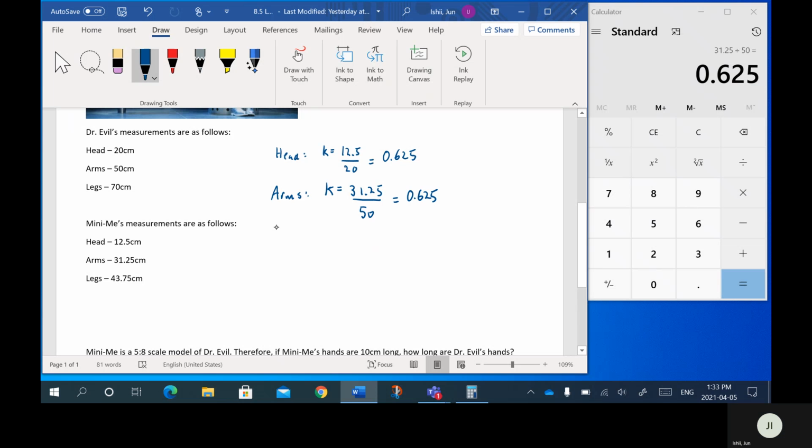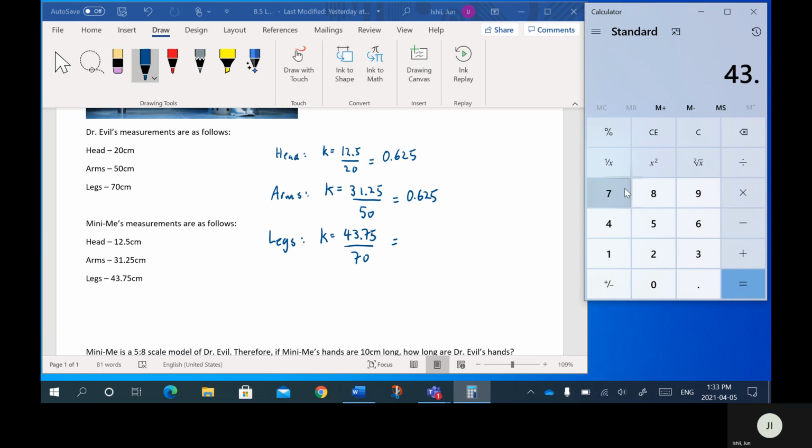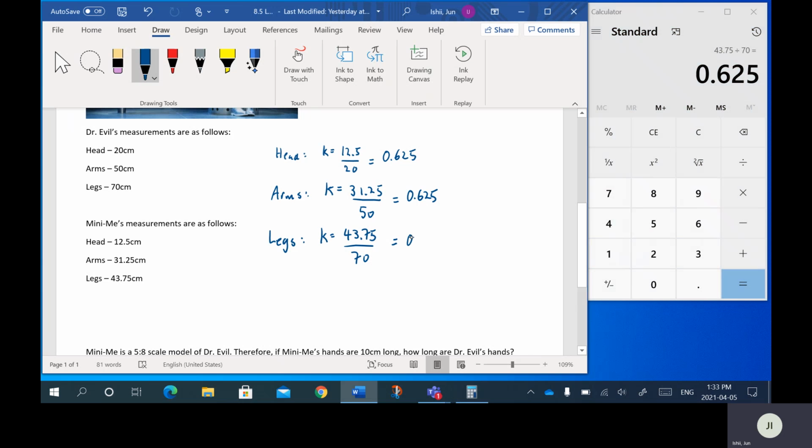And the last measurement, the legs. Again, the scale factor, we'll take the new one, 43.75, divided by the 70. And we get 0.625.